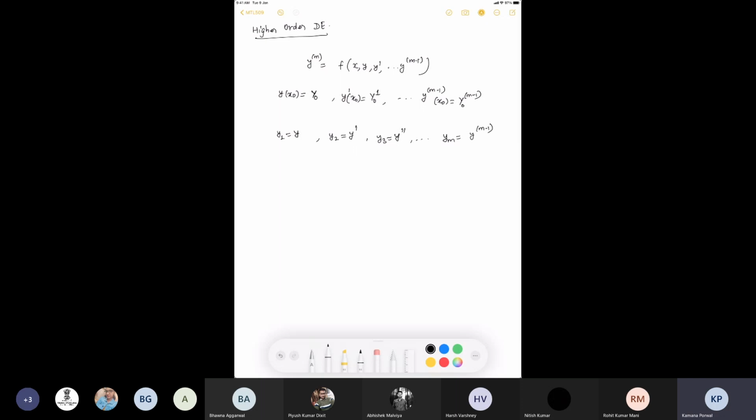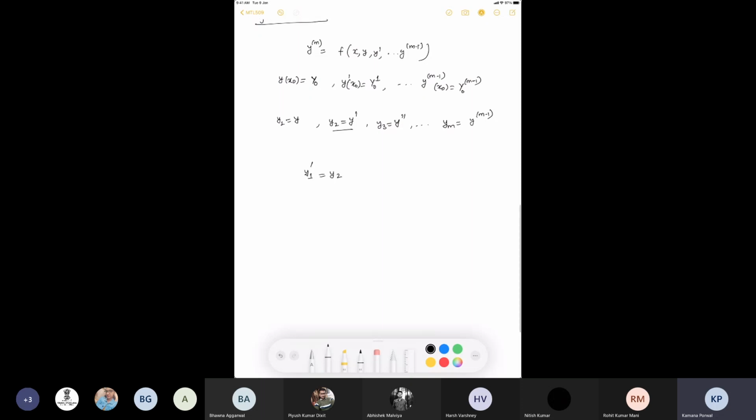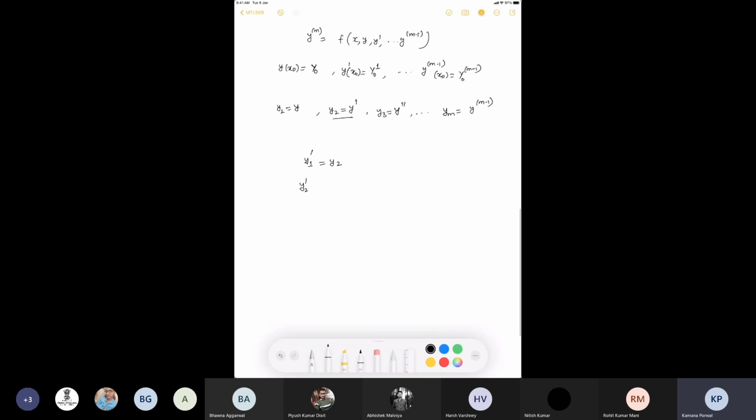Okay, so using this, you can see that if I take the derivative of y1, this is going to be y prime, and y prime we know is y2. Now if you take the derivative of y2, this is going to be y double prime, and y double prime is y3.